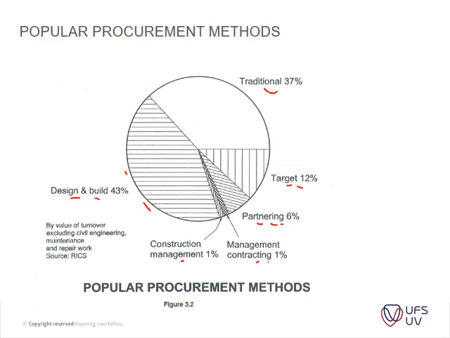Also very similar to the design and build type of contracts. So this is just the overview of the procurement methods. We will mainly focus on the design and build type of procurement method, and the traditional methods of procurement.